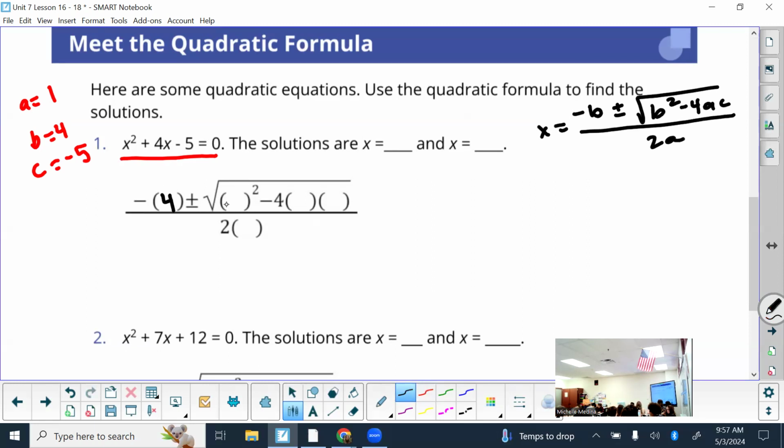Table 8, what needs to go here where my mouse is? 4. Table 9, what needs to go here where my mouse is? 1. Good. Table 1, what needs to go here? Good. And table 2, what needs to go here? Okay, good. Any questions?